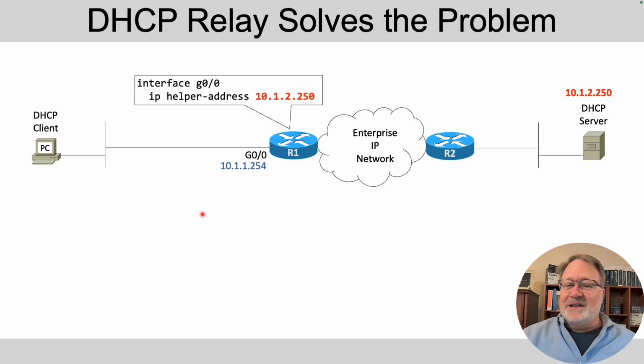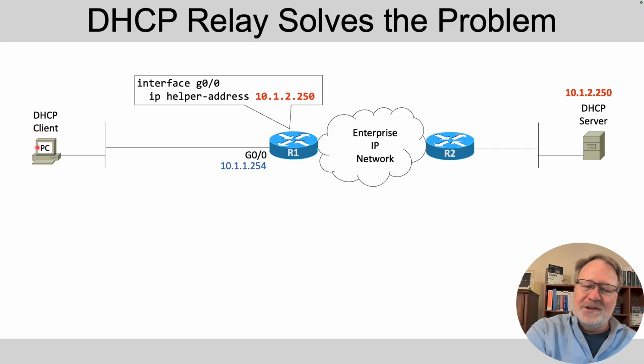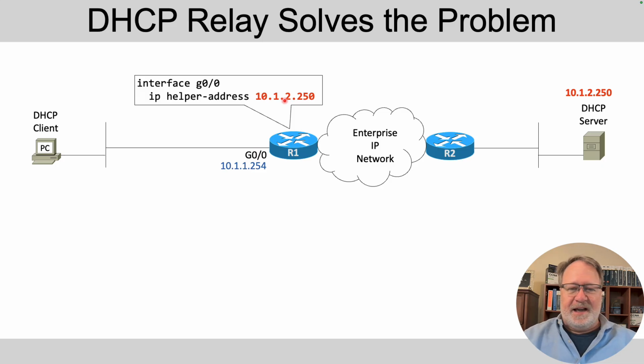The solution to this is the idea of a DHCP relay, and it's configured on this interface on the router connected to the same subnet as the client. So this left-hand interface in this drawing. And it's the IP helper-address command, and it points to the IP address of the DHCP server. And here's the action that happens as a result.